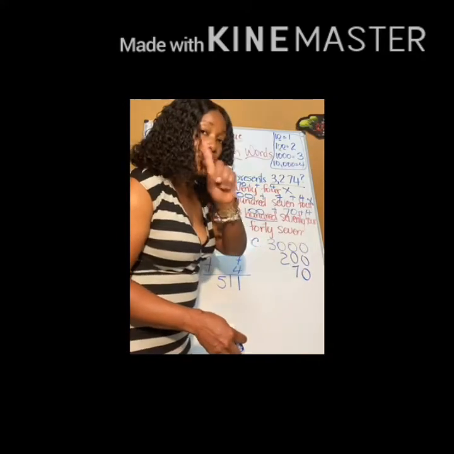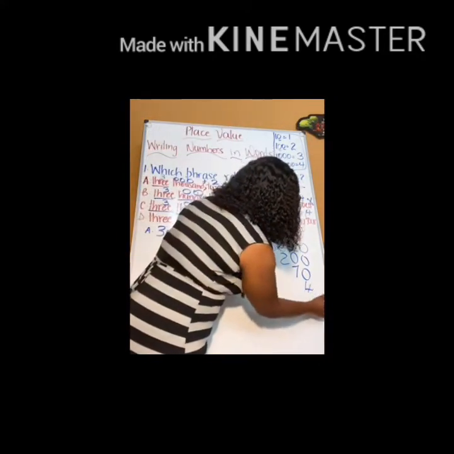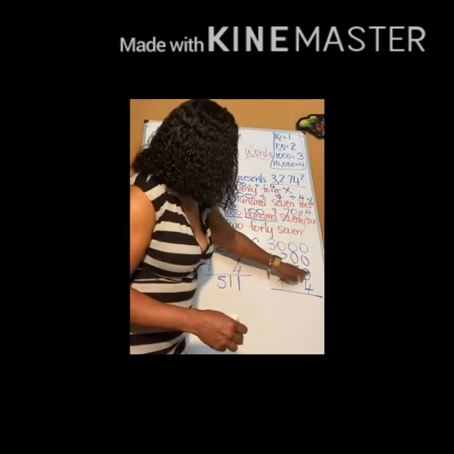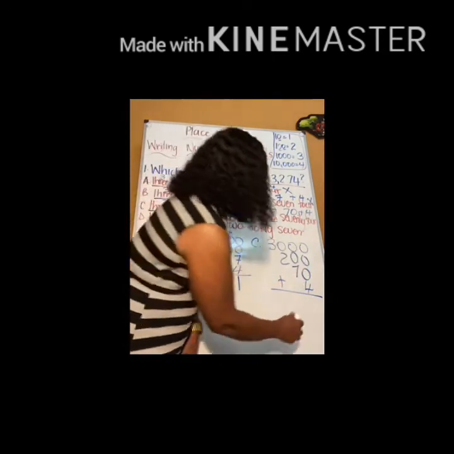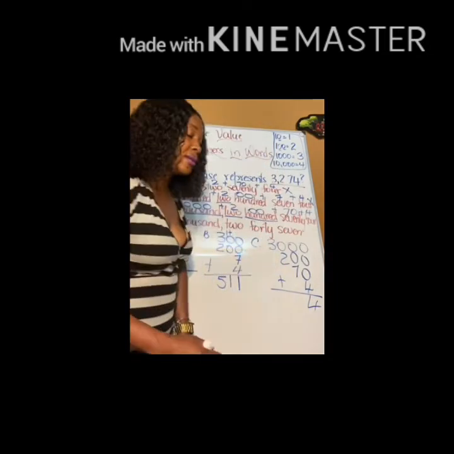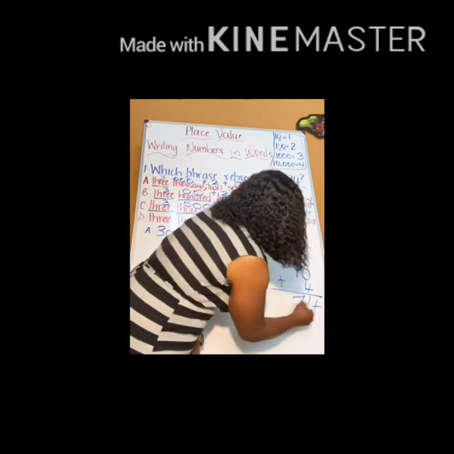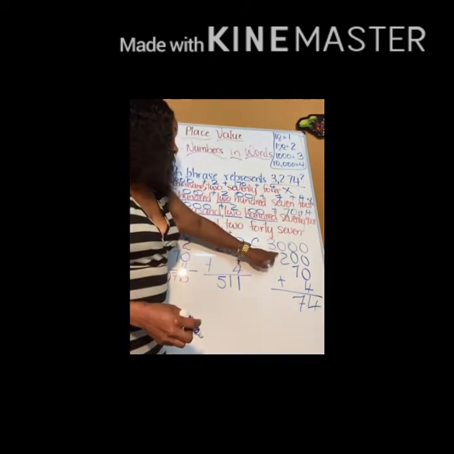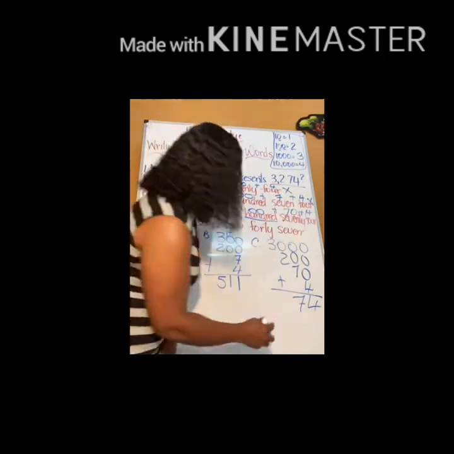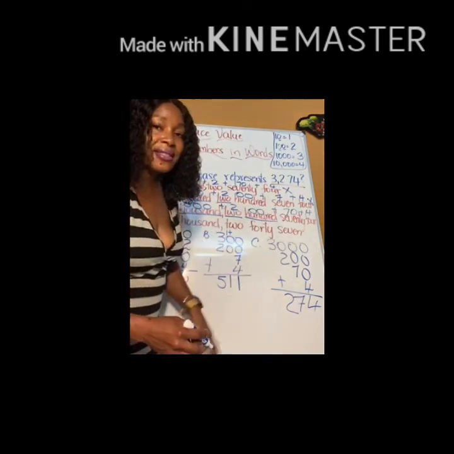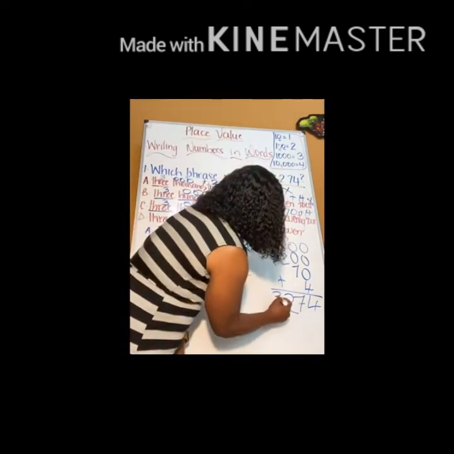Plus 4, only 1 digit, so it goes in the ones column. I'm ready to add. 4 plus 0, all zeros, I still have 4. Then 7 plus all zeros, I still have 7. So 2 plus 0 is still 2. And 3, I don't have anything to add to it, so it is 3.